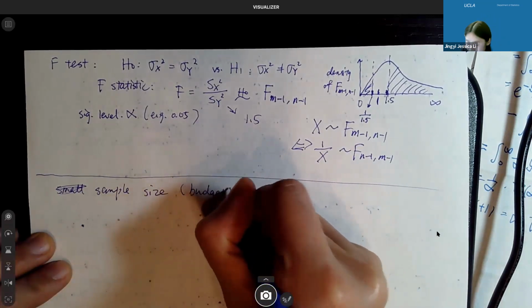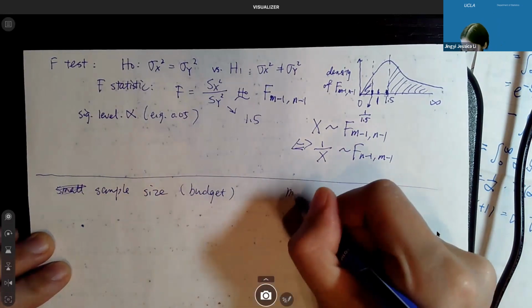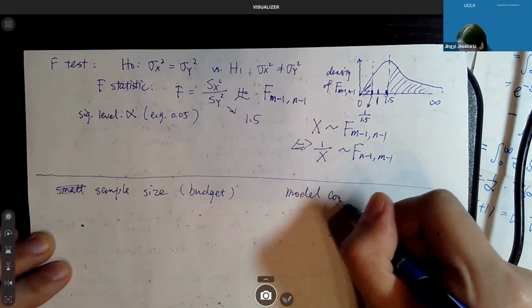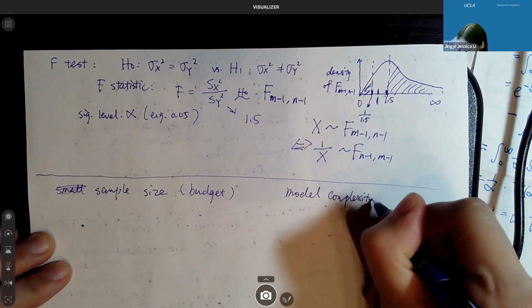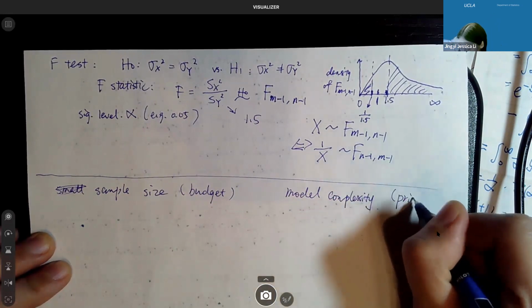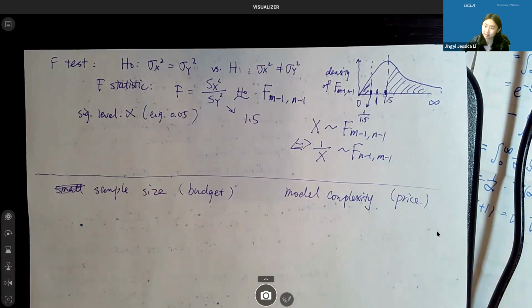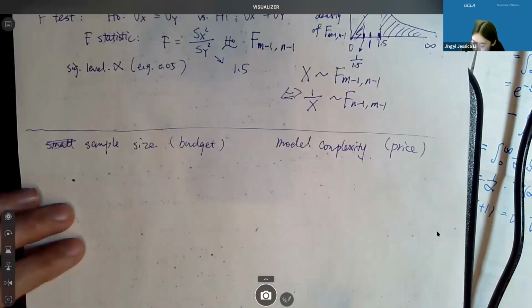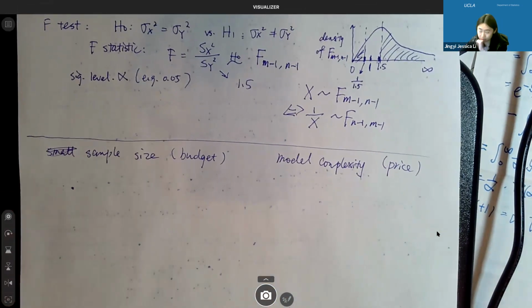And the model complexity is like the price, the cost of something you want to buy. So there needs to be a match. In other words, if you have a very small sample size, you don't want to train or fit a too complicated model, because you just have some small points.